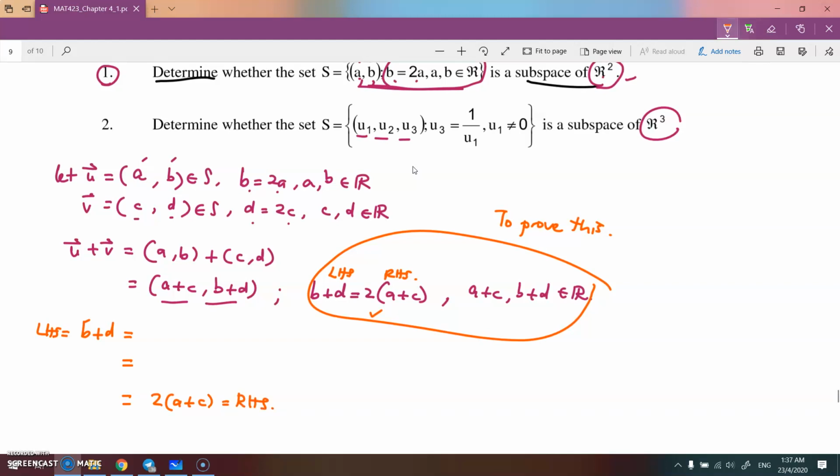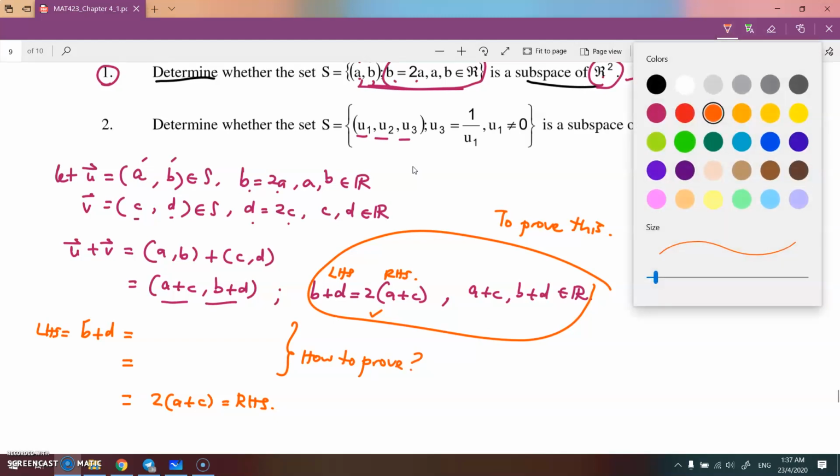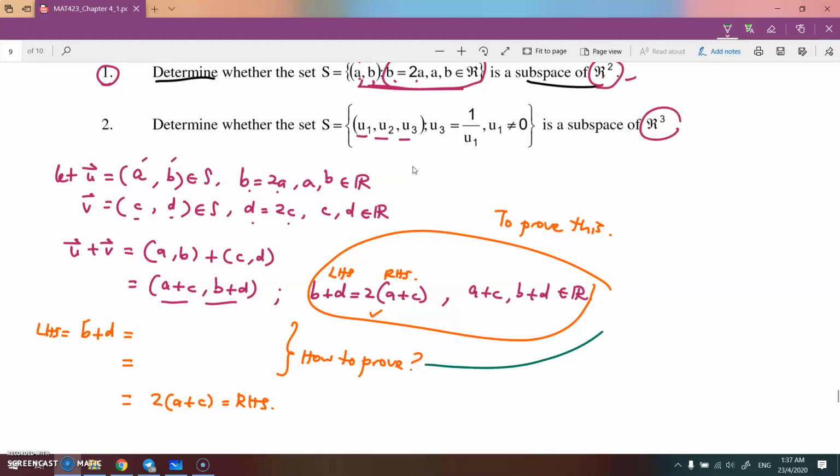So the question is, how are you going to prove it? You have to use the conditions in the bracket there. Now B is 2A, and D is 2C.